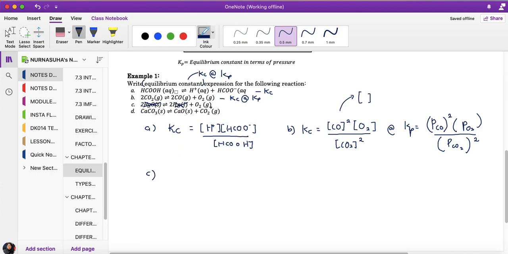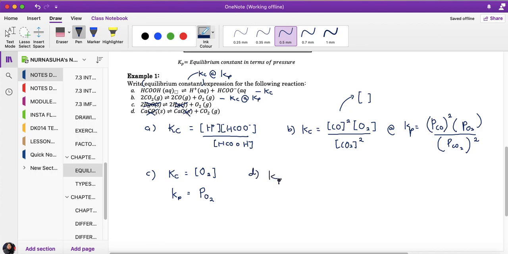Since the phase is gas, like before, we can write two things, Kc and Kp. Kc equals the concentration of O2, that's all. For Kp, it equals the partial pressure of O2. For the last one, D, you have a solid phase.